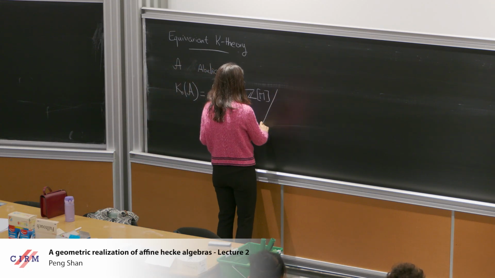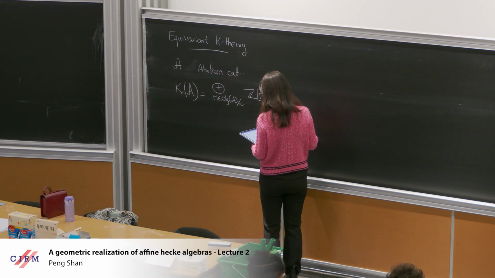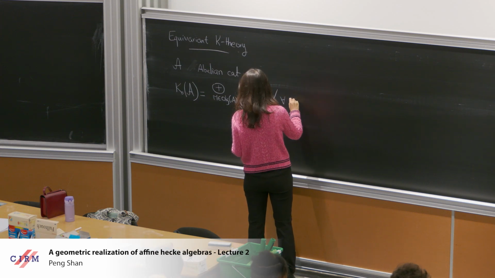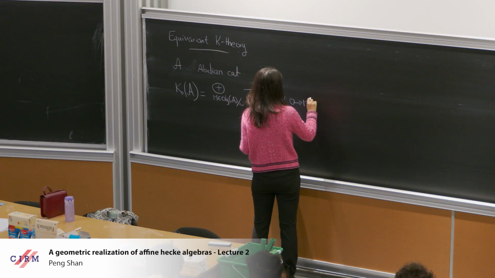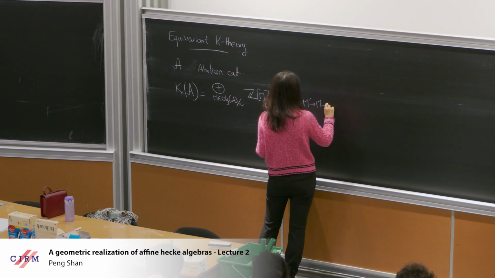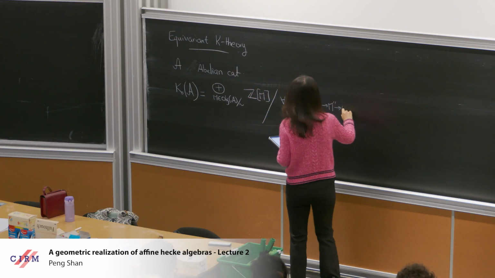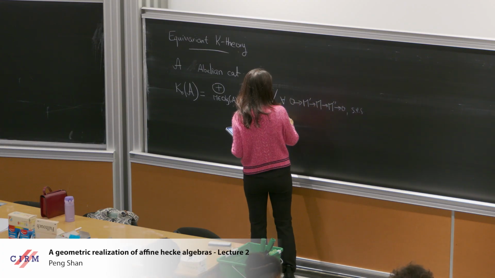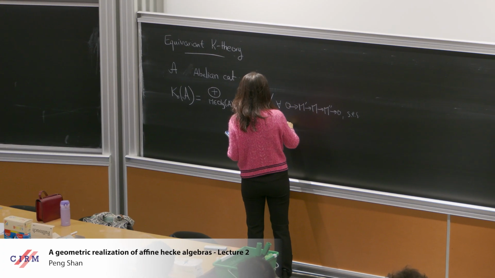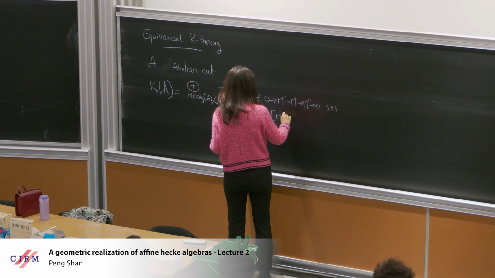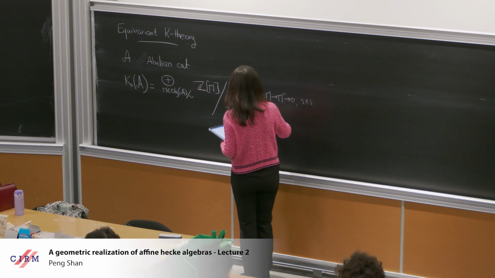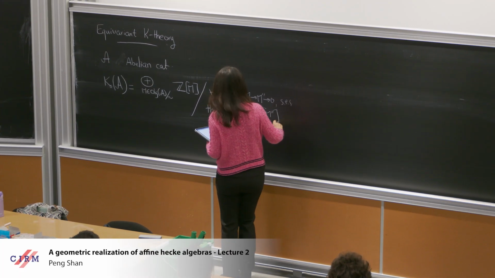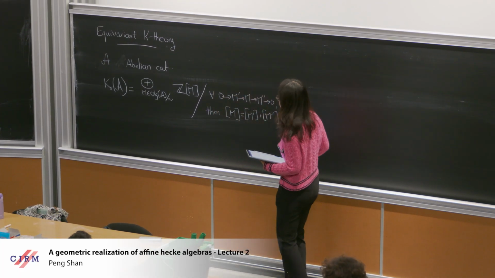And then quotient by the relation that whenever you have a short exact sequence, then you impose the relation that the middle term is the sum of the terms on the two sides, M' and M''.